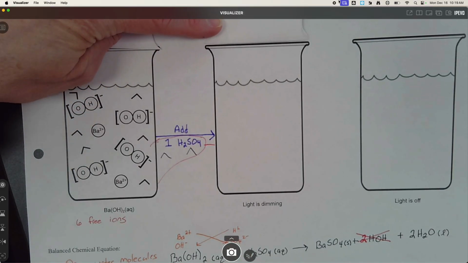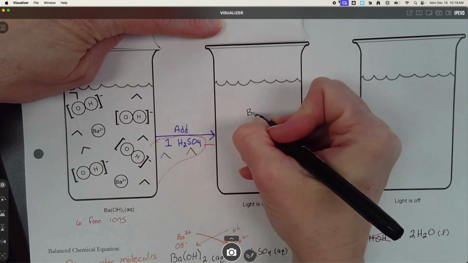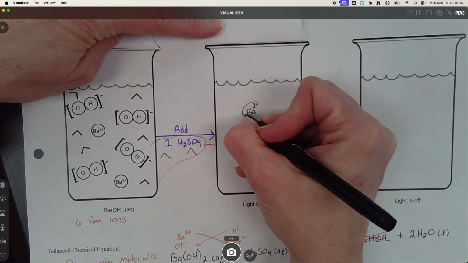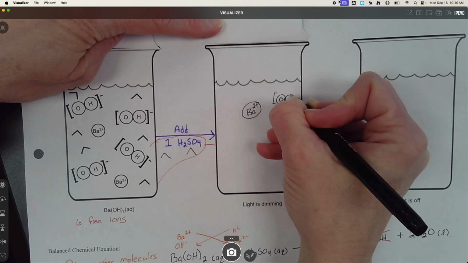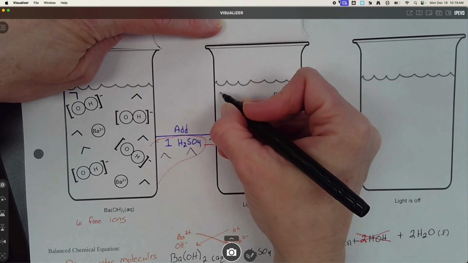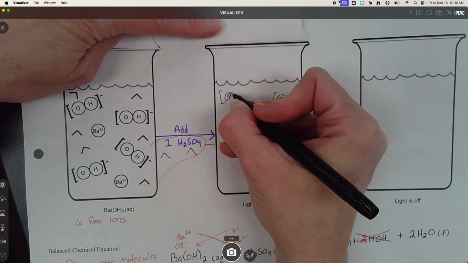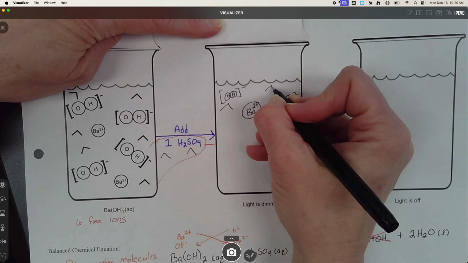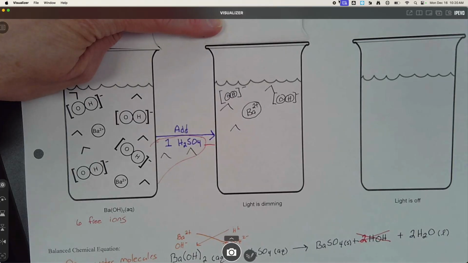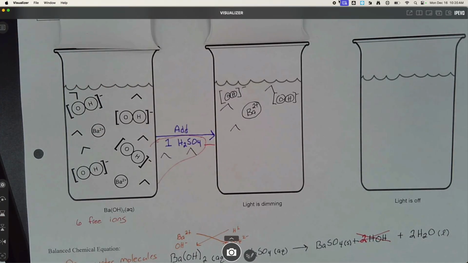We know exactly what it's supposed to look like. It was the leftover, nothing changed.